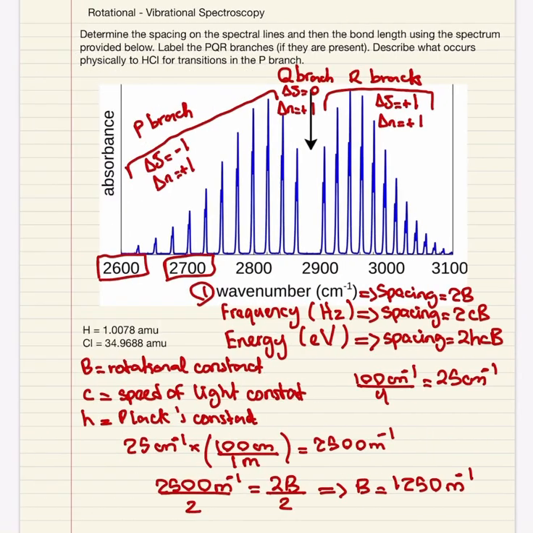The problem gives the masses in AMU, such as 1.0078. So we can calculate the mu here because the values are given.